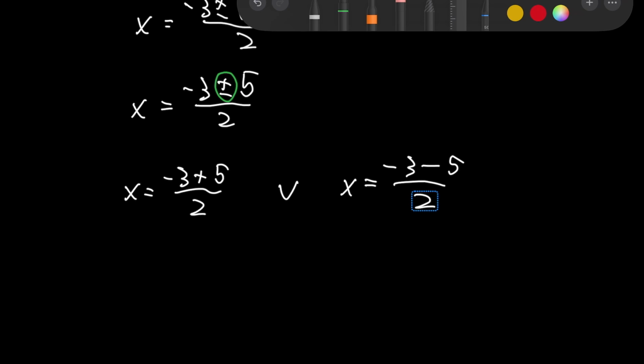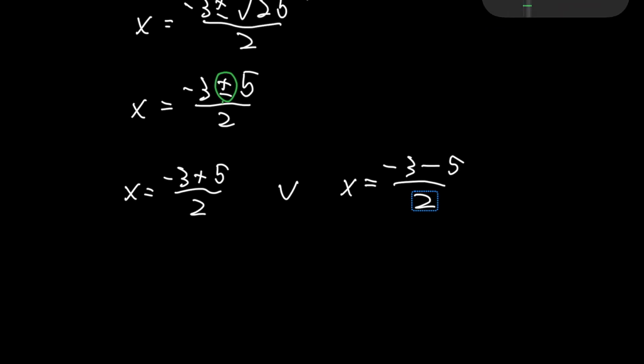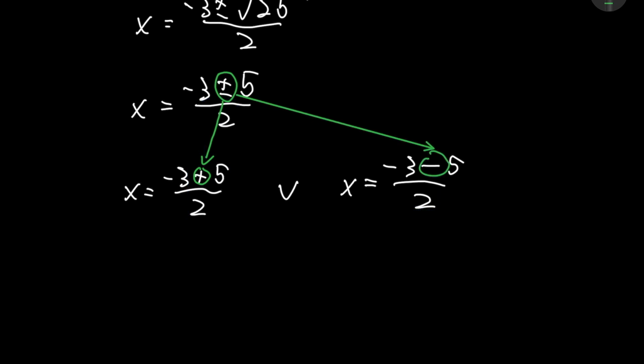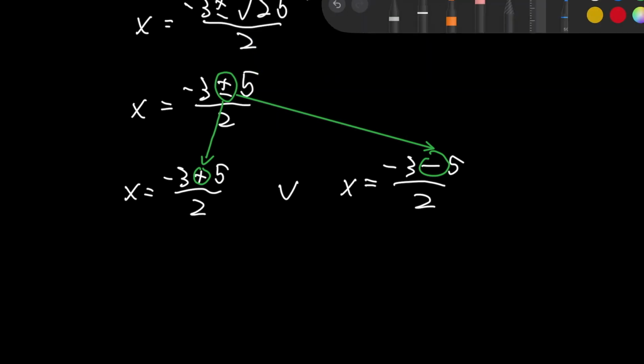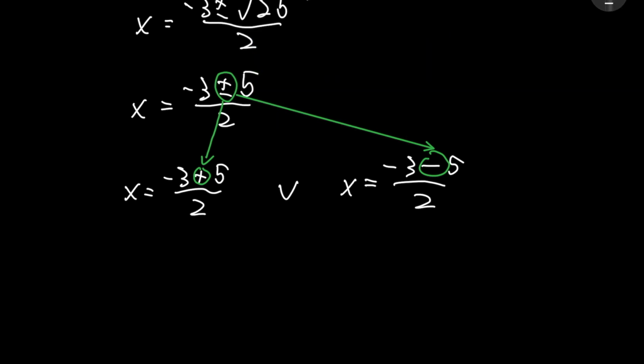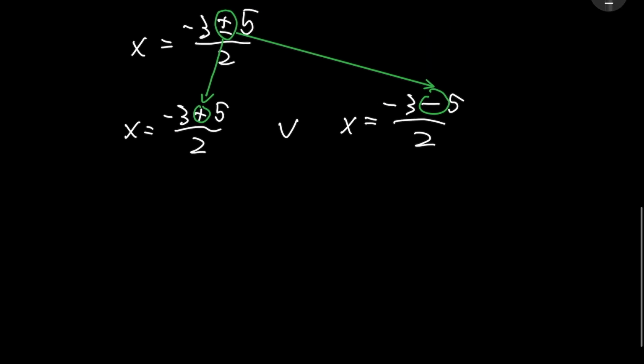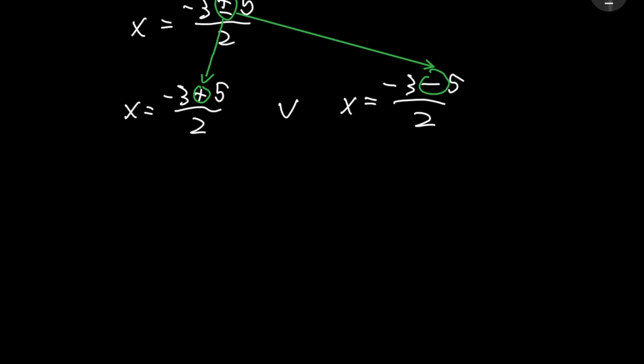Okay, so now you have seen this plus minus symbol splits into two parts. One with plus and one with minus. That's because in a quadratic equation, we often get two answers. Not always, but often.